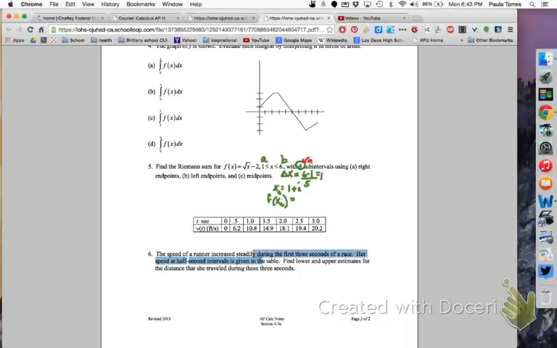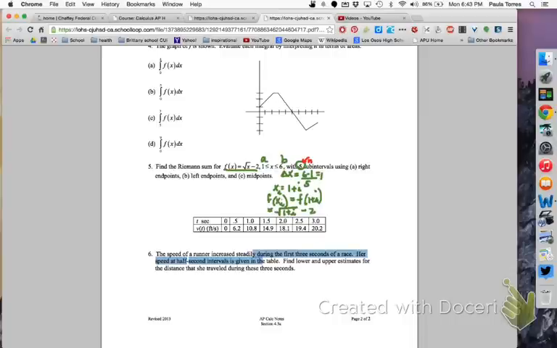And if I go back up here and look at my function that I want to be plugging in, I'm really doing f of 1 plus i, and that's going to give me the square root of 1 plus i minus 2. And so now I'm ready to do right endpoints.